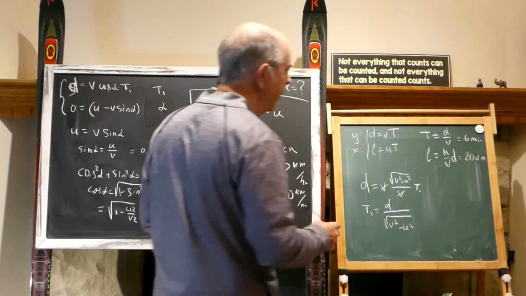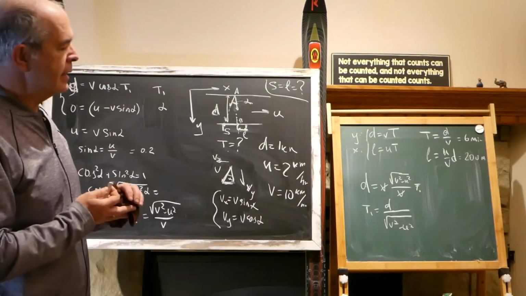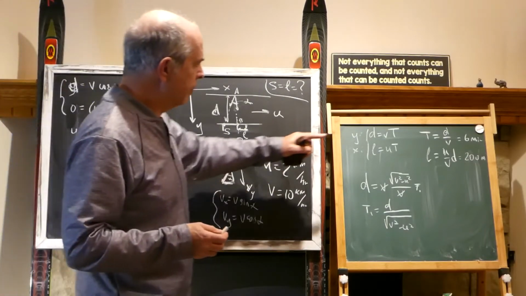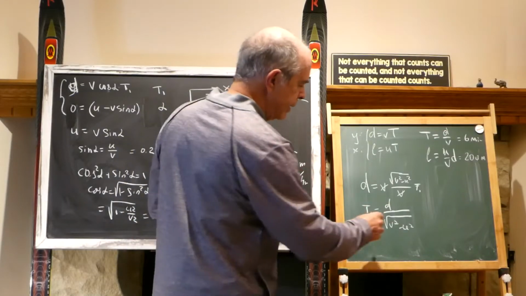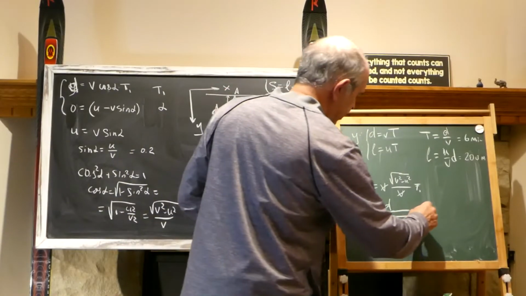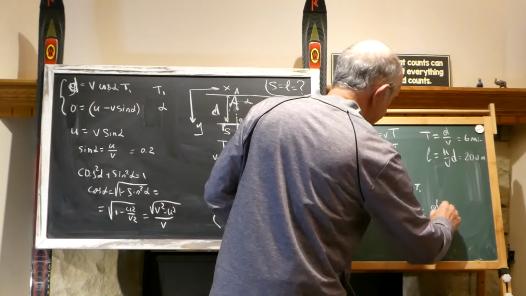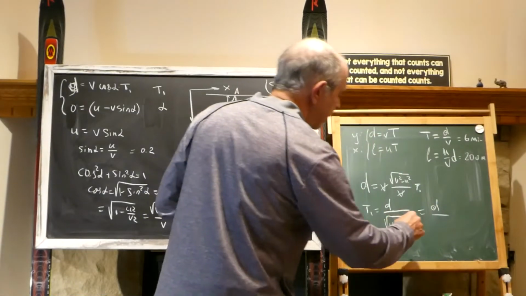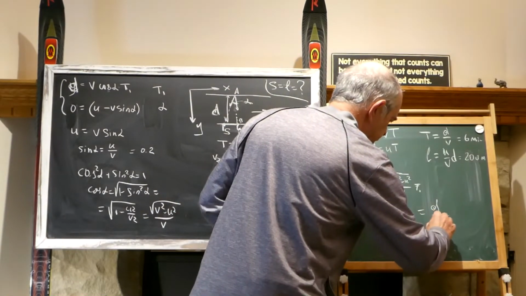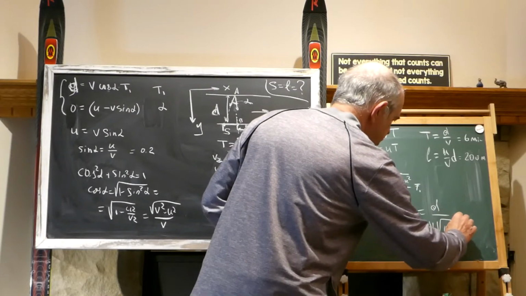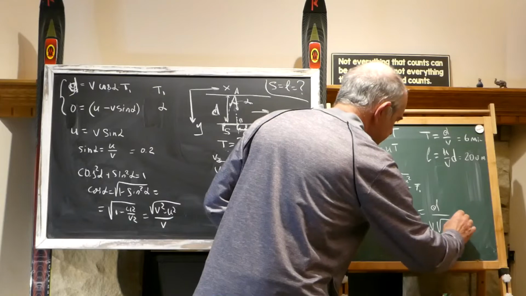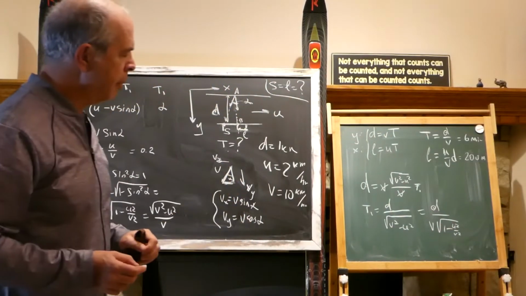And we immediately receive this time. And if we compare this time with d over v, we see that we can modify this value, d, and factor out v. So it would be v, and here would be square root of 1 minus u squared divided over v squared. So you see what happened.